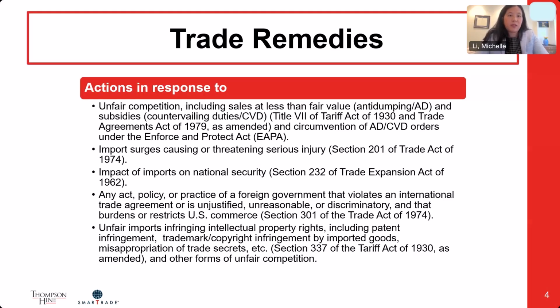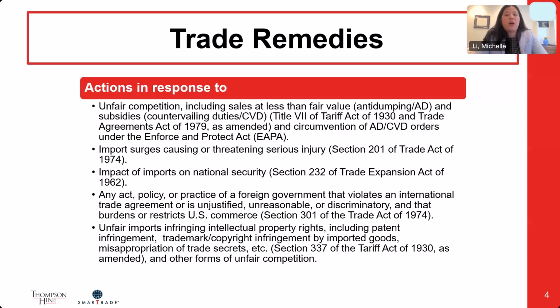We will also discuss the circumvention of the AD and CVD orders under the Enforce and Protect Act in the AD and CVD segment. And Scott today will discuss Section 201, where import surges are causing or threatening serious injury, and Section 232 under the Trade Expansion Act of 1962, where imports have an impact on national security.